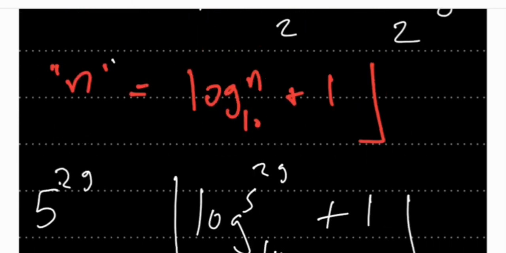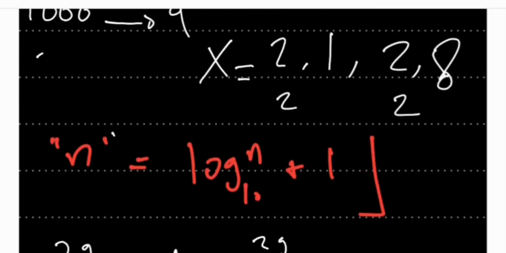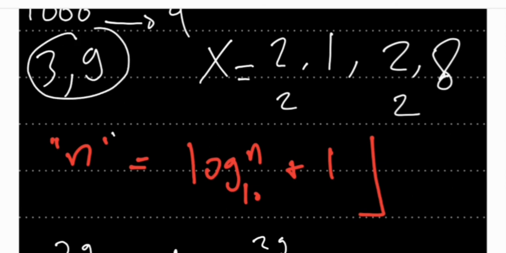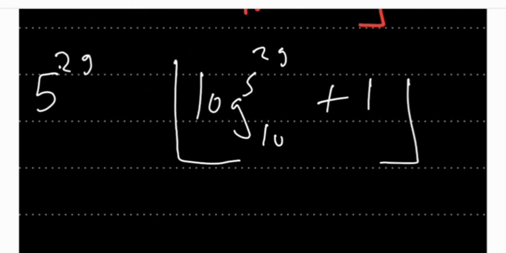For example, remember the floor function for 3.9, it's not 4, okay, it's 3. It's like you go down, you go to the floor, okay, floor.